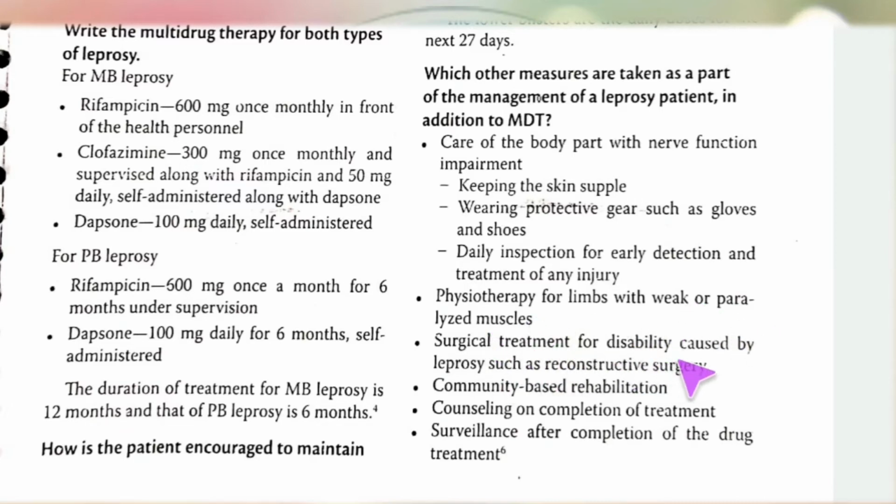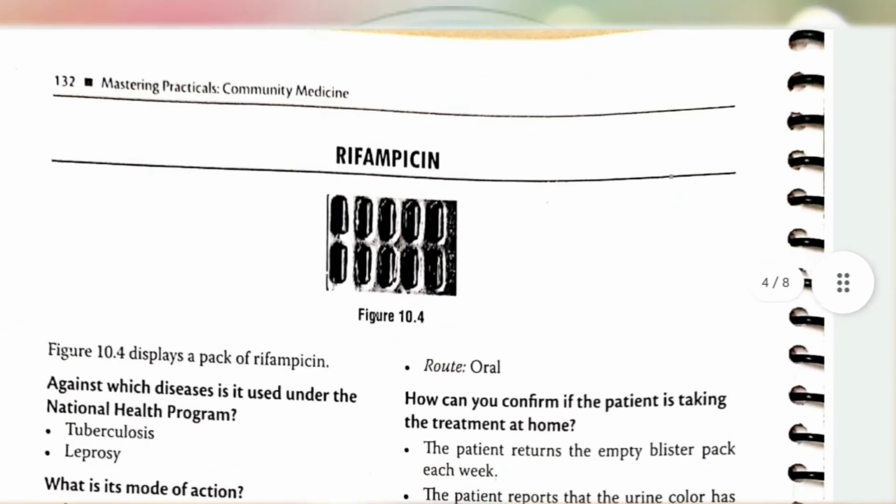Third is surgical treatment for disability caused by leprosy, such as reconstructive surgery. Then community-based rehabilitation, counseling on completion of the treatment, and last is the surveillance after completion of the drug treatment. So along with the medication part, we can see here that care of the body part, physiotherapy, surgical treatment, community-based rehabilitation, counseling, surveillance, all these are the important parts regarding the leprosy patient.